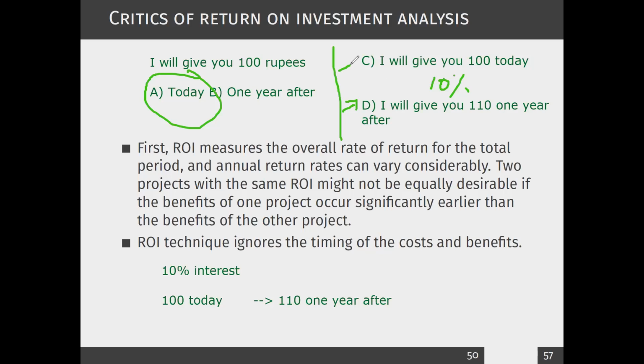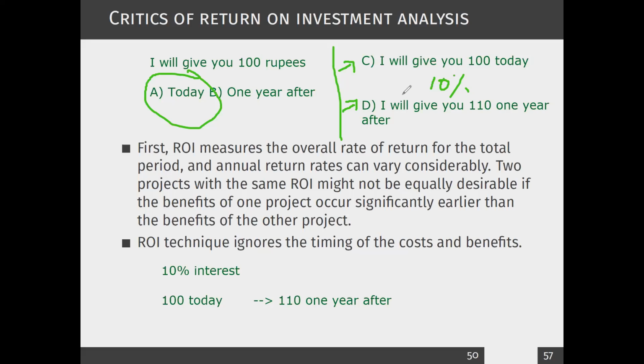Sorry, if you get interest of more than 10%, you better go with C, because then you will get 110 or more.